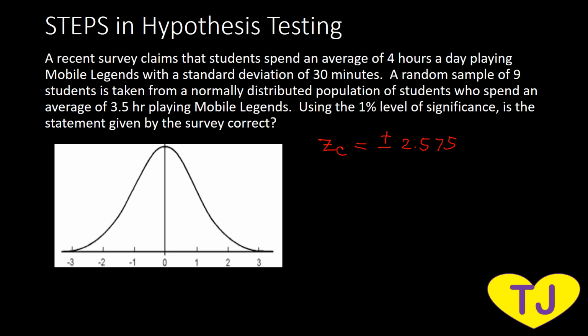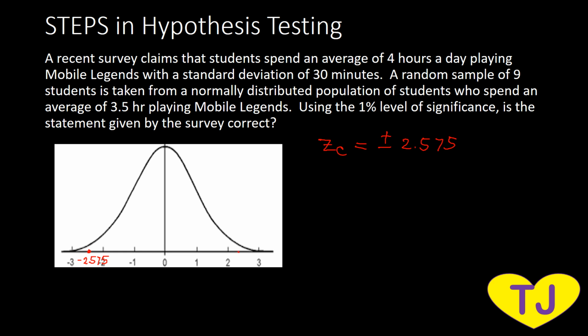So negative 2.575 will be somewhere on the left side. So it's more likely somewhere here. That will be our negative 2.575. That's one value for your Z. Next, we go for the right side. That's positive 2.575.